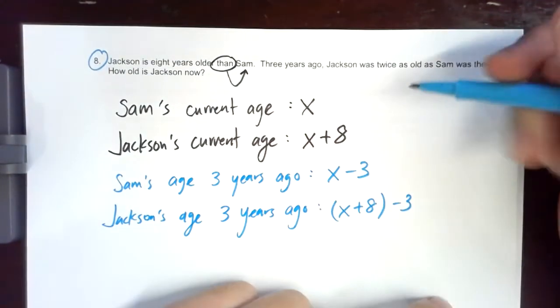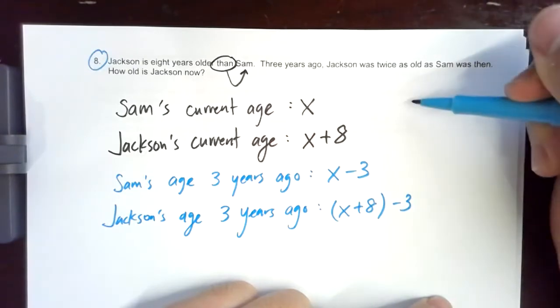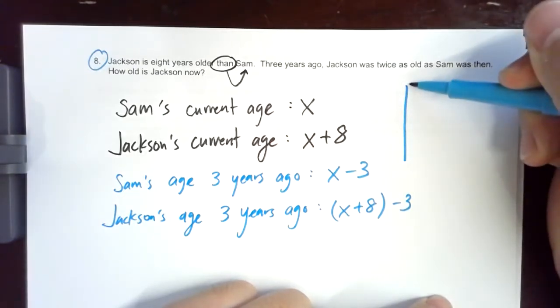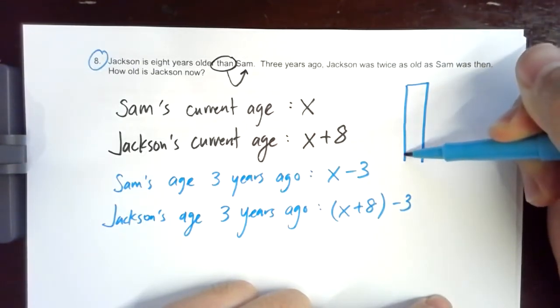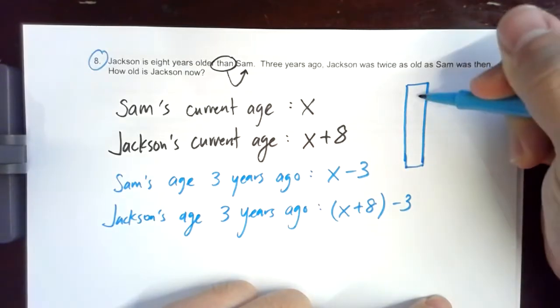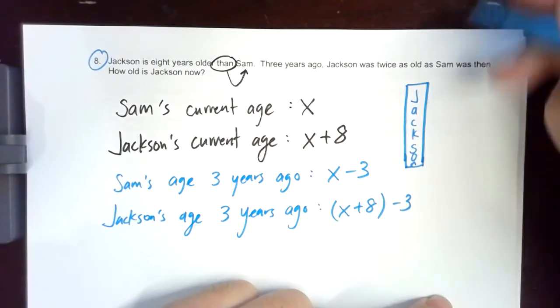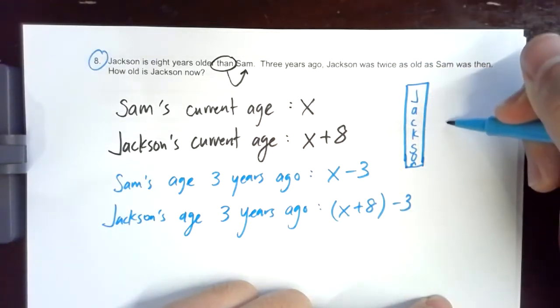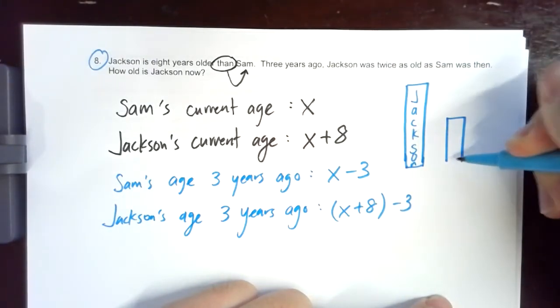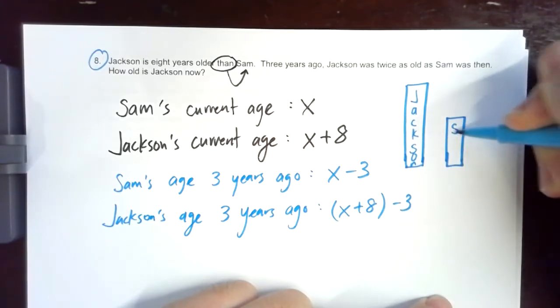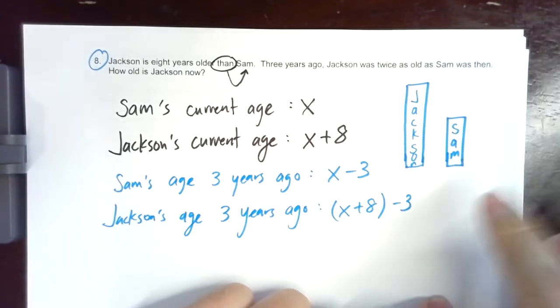Okay, but it also says that Jackson was twice as old as Sam. So I'm going to give you a visual of what that means. That means 3 years ago, whatever Jackson was, let's call this Jackson, he was twice as old as Sam. And this is just a vertical visual.